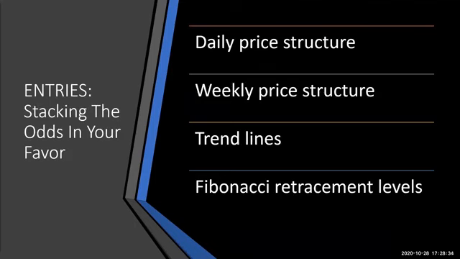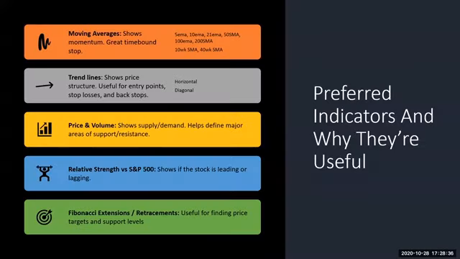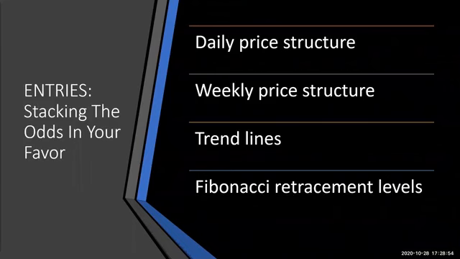On the prior slide, this is what we're looking at. We're not throwing in, say, stochastics or MACDs or anything else that you want to come up with. These are the indicators, and then stacking as many of those in our favor as we can.